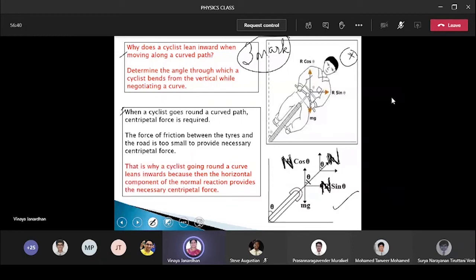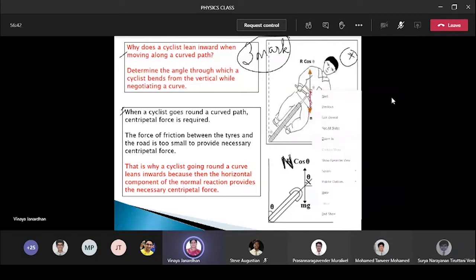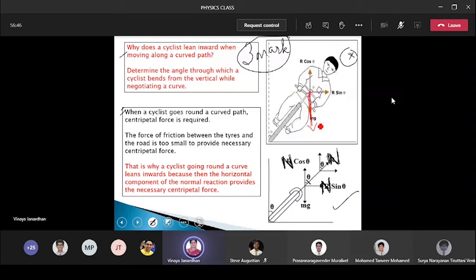Now look at this, the cyclist is bending along the circular track. His weight, mg, is acting vertically downward. Now look at the normal reaction.